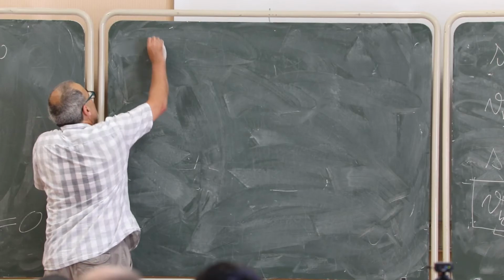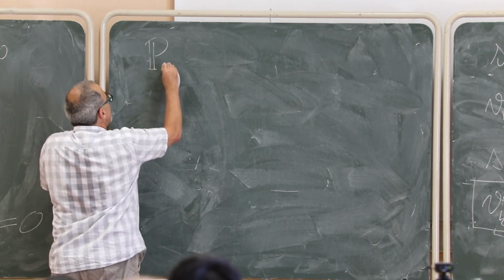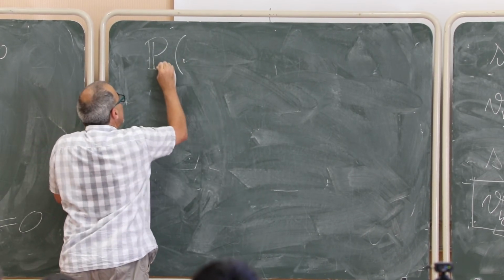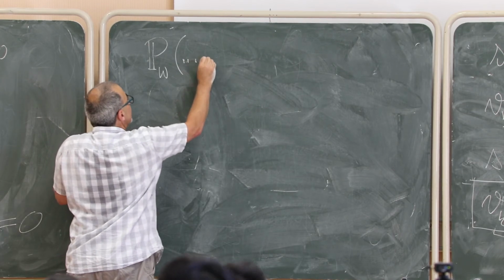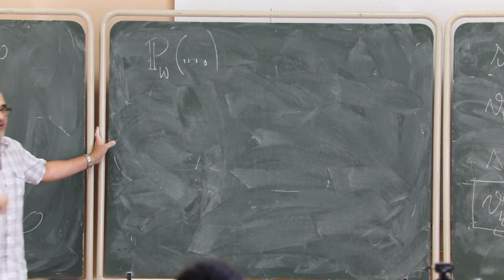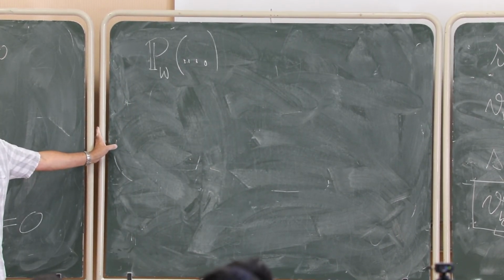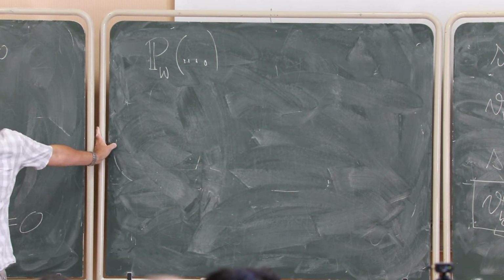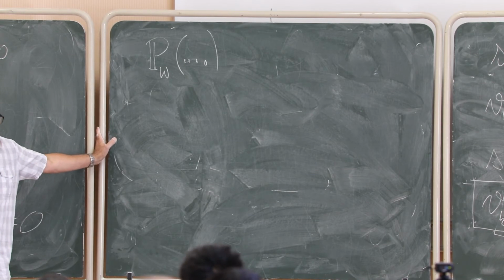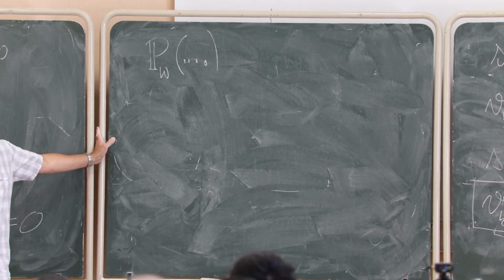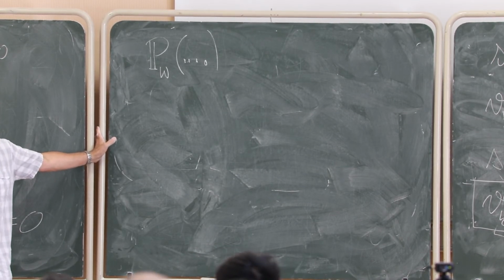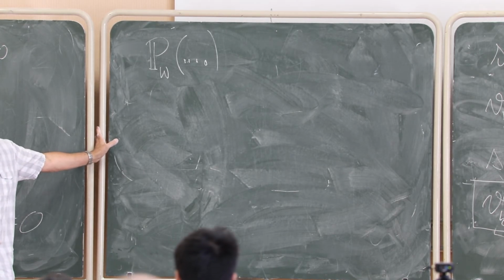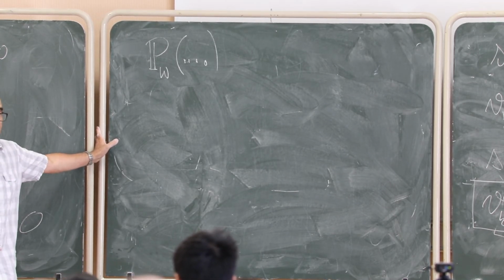I will speak about the probability of an event, P omega of an event, which means that you fix omega, sample omega from capital omega, which is given, and ask about what happens with fixed omega. Maybe you prove something almost surely, something for almost all omegas.